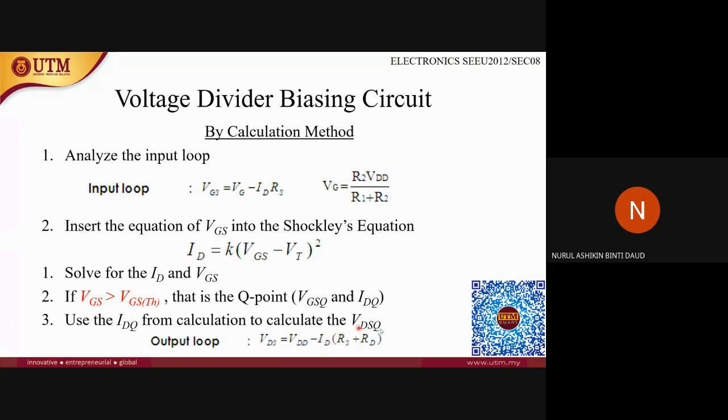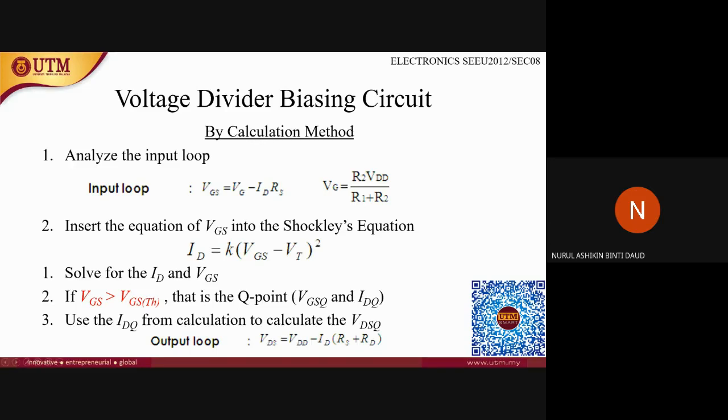Note that. In order to find VDSQ, we need to use the drain current at the Q point. You cannot use the drain current at other points. Don't use other values of drain current.